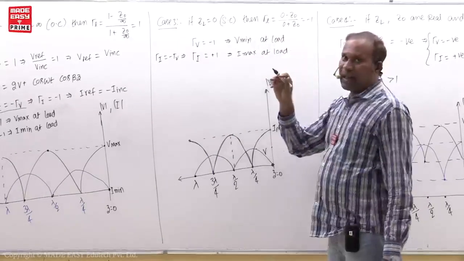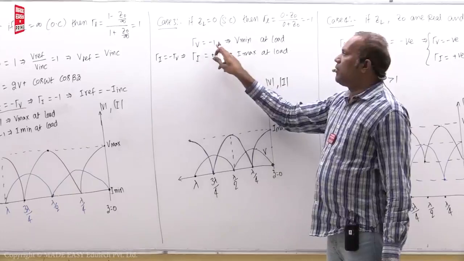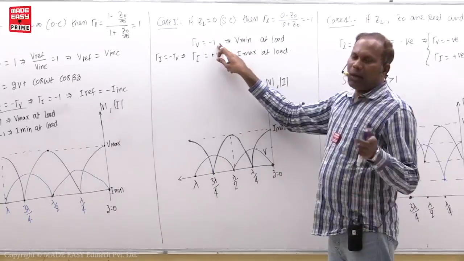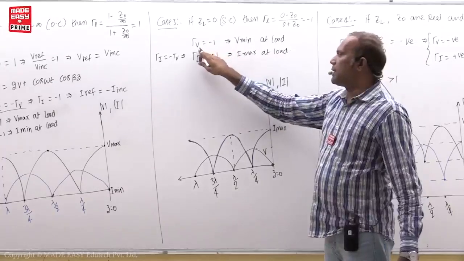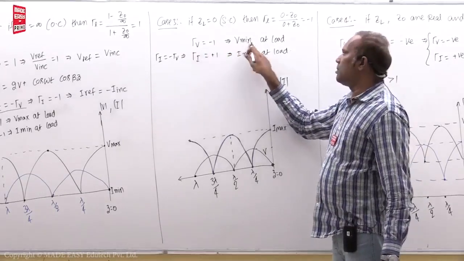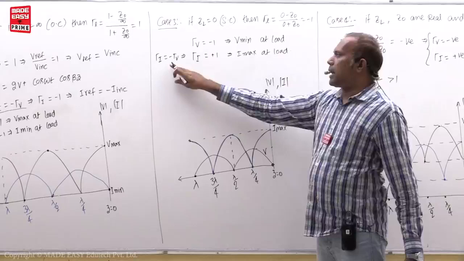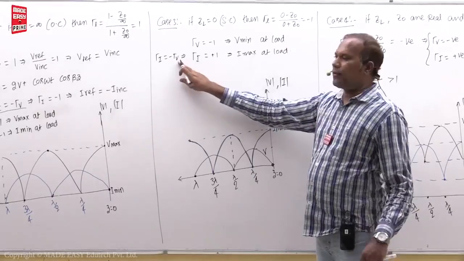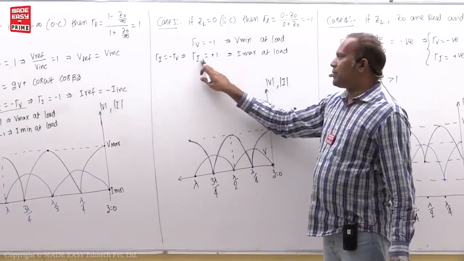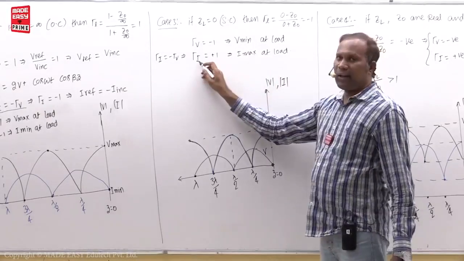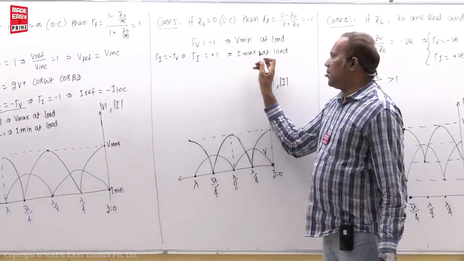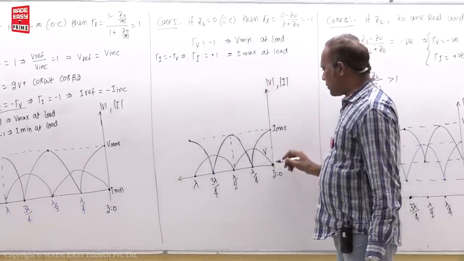Gamma L is nothing but gamma V. So if gamma V is negative, then whichever reflection coefficient is negative, that value becomes minimum. Voltage reflection coefficient negative, then voltage minimum at load. Current reflection coefficient is opposite of voltage reflection coefficient. So current reflection coefficient is positive, then whichever is positive, that value is maximum. That means maximum current is found at load actually.